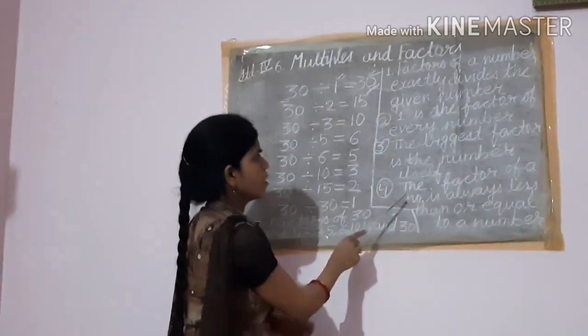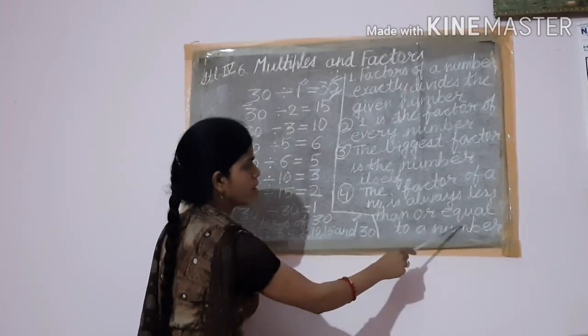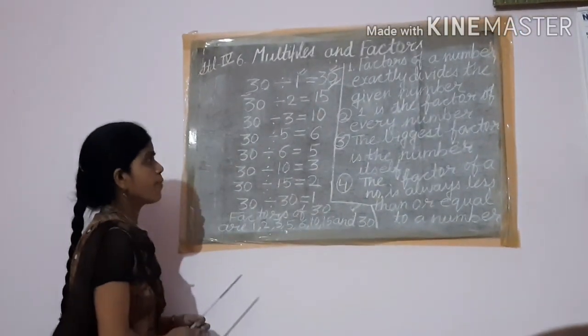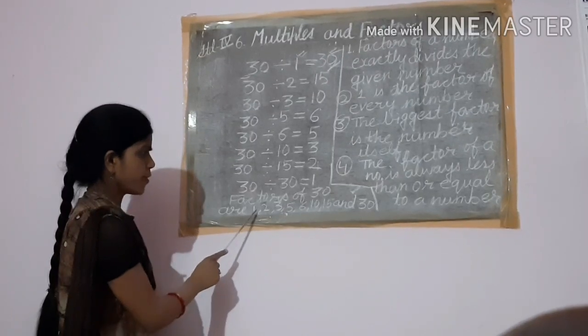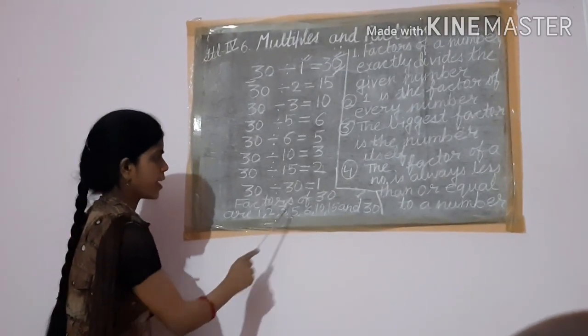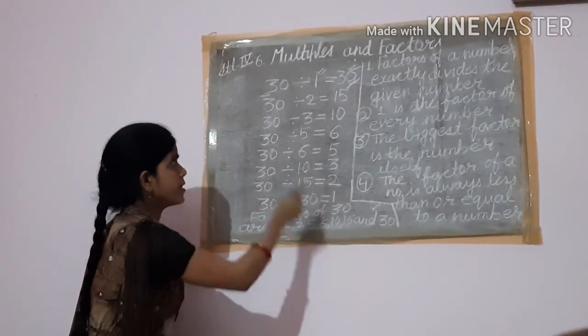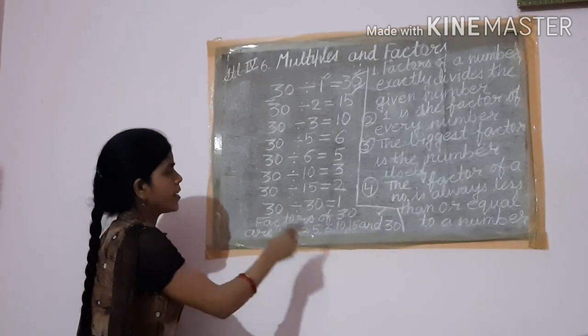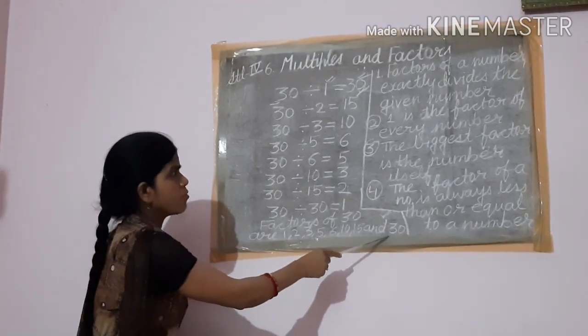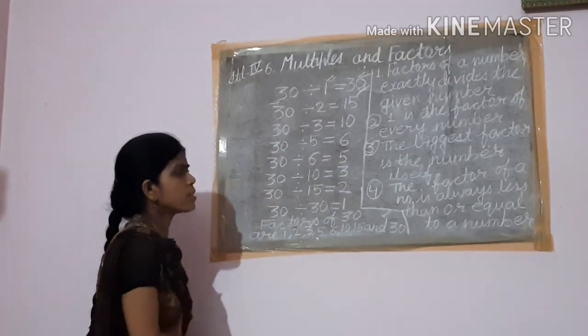Then fourth is the factor of a number is always less than or equal to the number. So if you see all the factors, you are able to understand that 1, 2, 3, 5, 6, 10, 15, all these are smaller than 30. And only this 30 is equal to the number, the factor 30 is equal to 30.